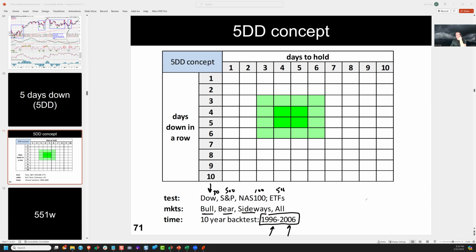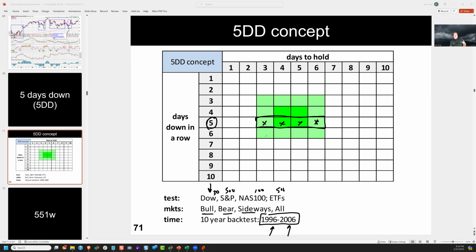Connors found that 5 days down had a window of improvement of expected returns, especially good if you held it for 4 days or 5 days. There was a smaller bump after 3 days, and that bump lasted as long as 6 days.